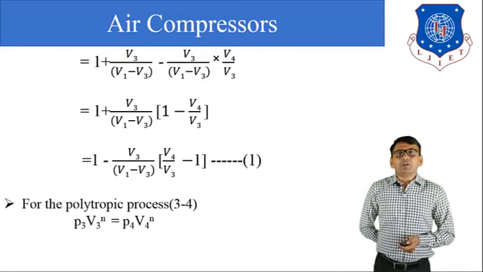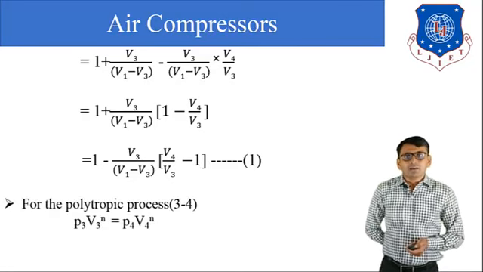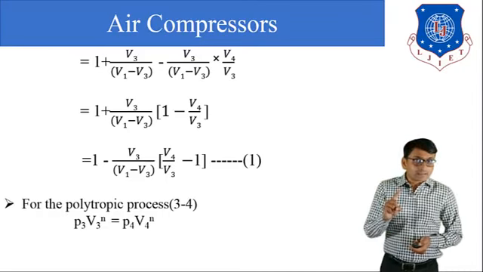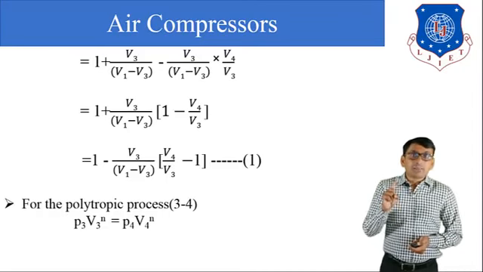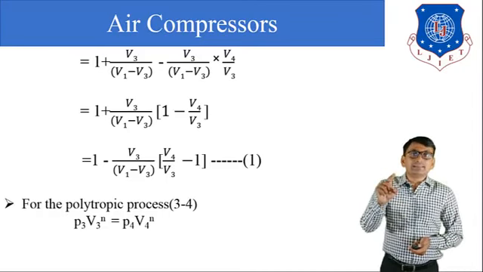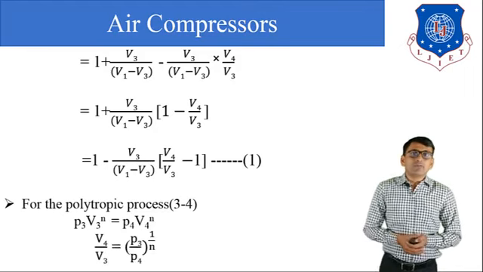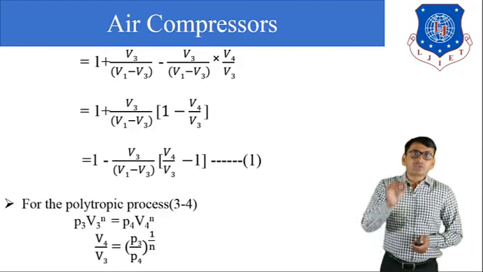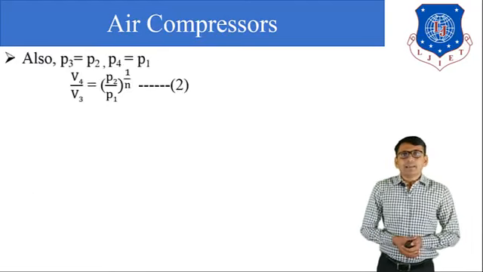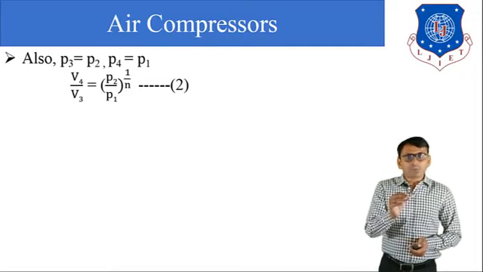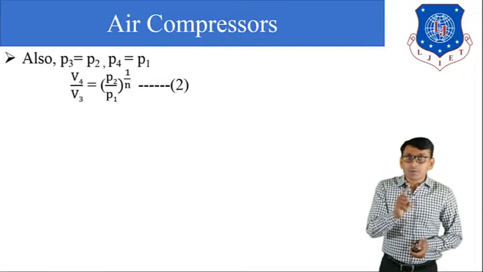For the polytropic process 3 to 4, we get P3 V3 raised to n is equal to P4 V4 raised to n. So V4 by V3 is equal to (P3 by P4) raised to 1 by n. In the PV diagram, P3 is equal to P2 and P4 is equal to P1.